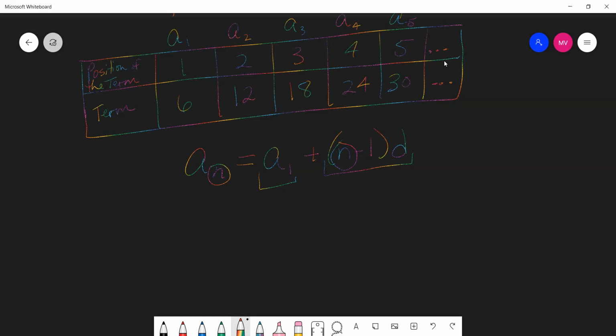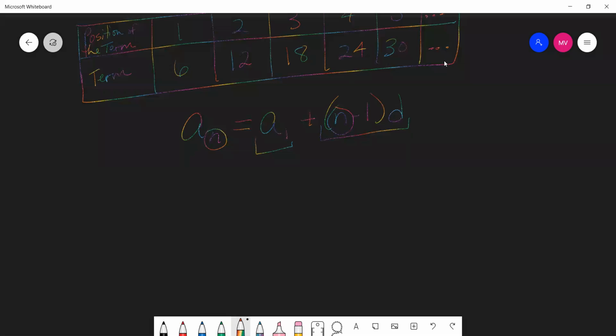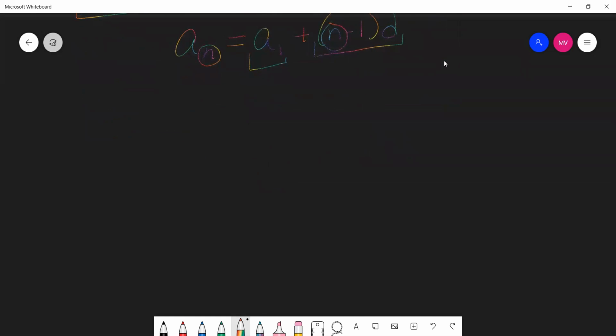Look at the table on page 155. Table's shaped a little bit different. We have the position of the term, and then we have the term.